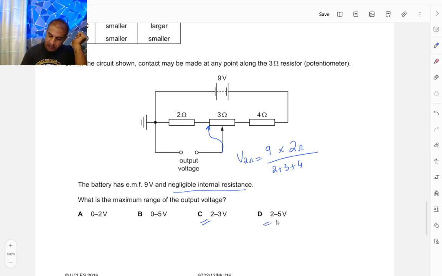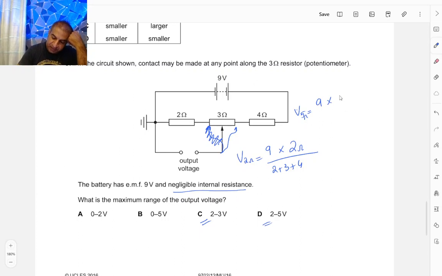And the maximum value should be, we are going to connect it over here, and we are just going to remove this. So that means 9 multiplied by V across 5 ohms.